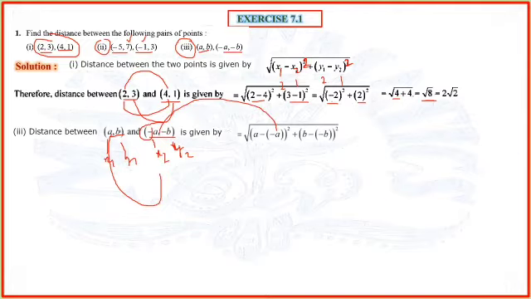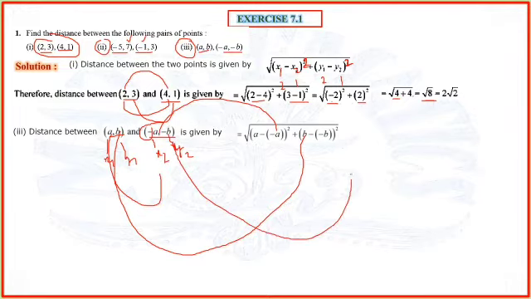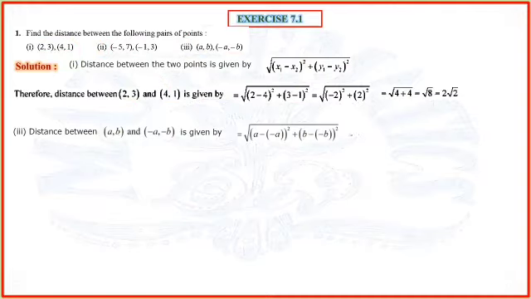Similarly b, and then y1 minus y2, where the y coordinate is minus b. As you know, the square of anything is positive, so a minus (-a) is a plus a, 2a whole square, and b minus (-b) is b plus b, 2b whole square, then 4a squared plus 4b squared.